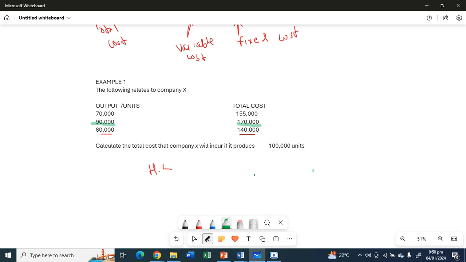After you've done that, the next thing you need to do is determine your variable cost.